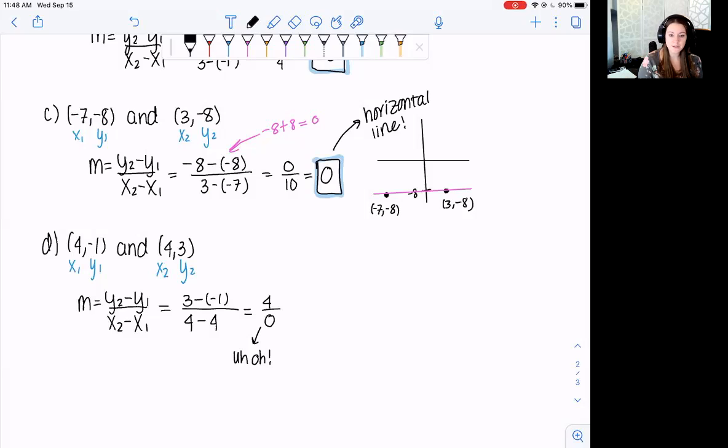It's undefined. Yes, exactly. So this is an undefined slope, which means it is what type of line? Vertical. Absolutely. Beautiful, beautiful.